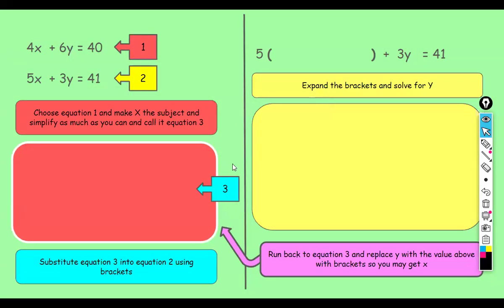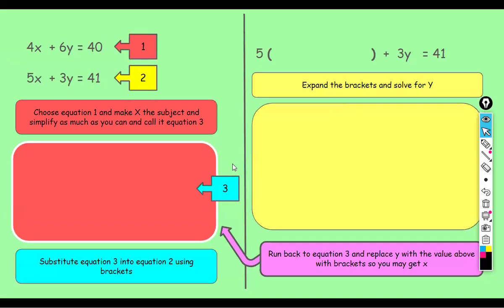Right. Now, I kind of laid it out already. Here's what I need everyone to do. I want you to take down this pair of simultaneous equations. Don't do it yet. I want to guide you through it because there is more than one way to do it, using the substitution method. And I want you all to stick to my method. In simultaneous equations, you will always be given two equations. You notice you have equation 1 and equation 2.